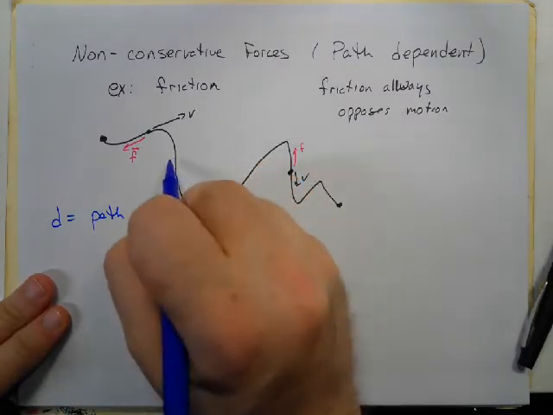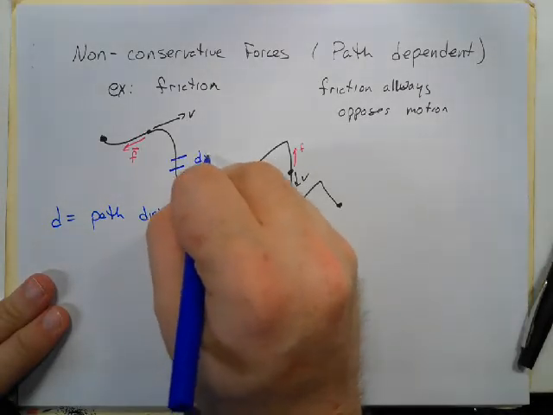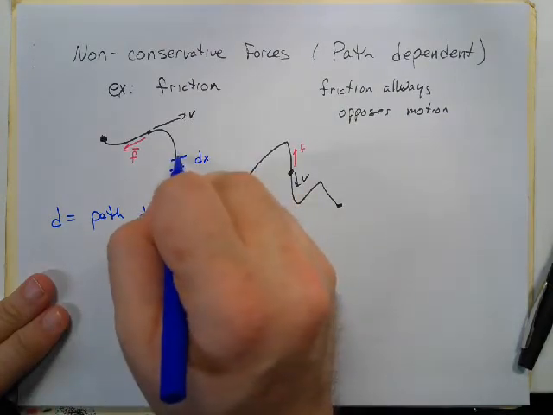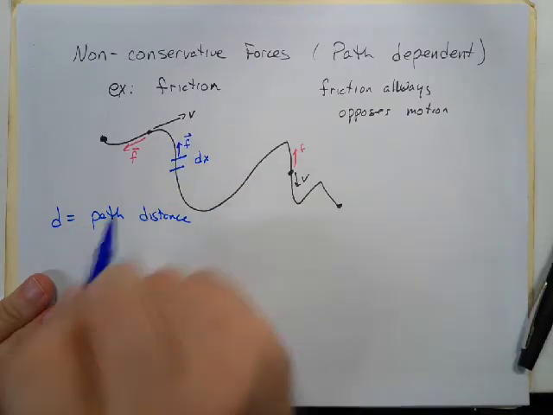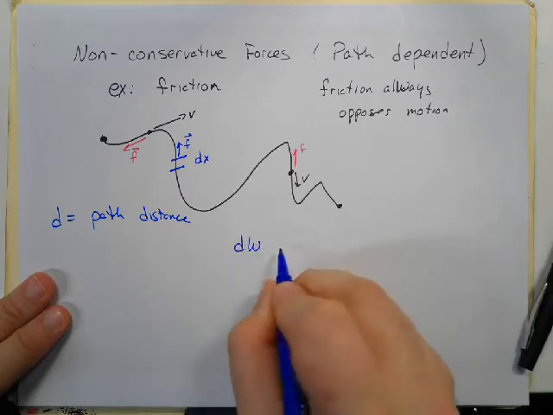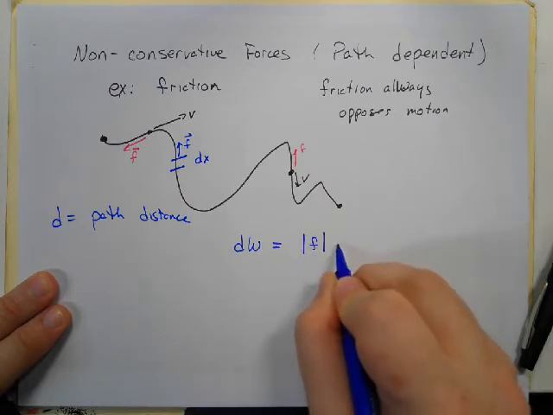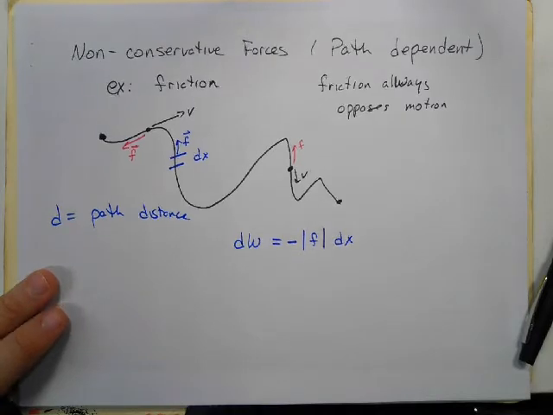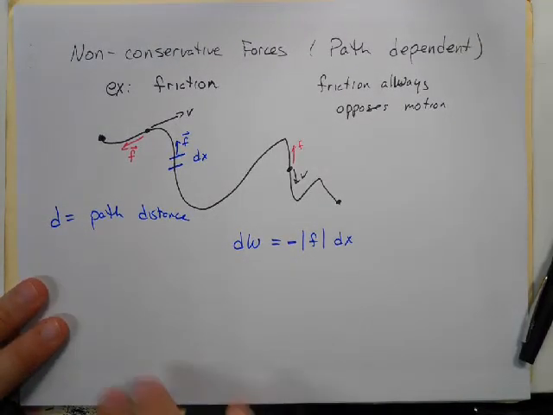And what we'll do is we'll cut this thing into little tiny chunks, dx, and each chunk will have a different frictional force, but each one will contribute. The little bit of change to the work is going to be the size of the frictional force times dx with a minus sign. I'm going to take work out of the system of this thing moving. And so we integrate.